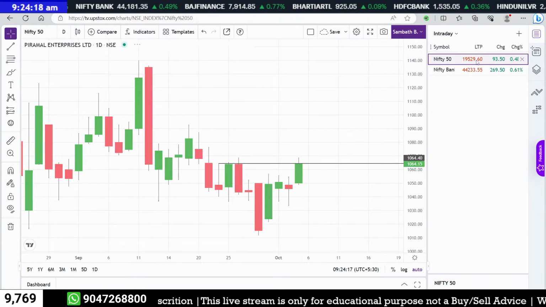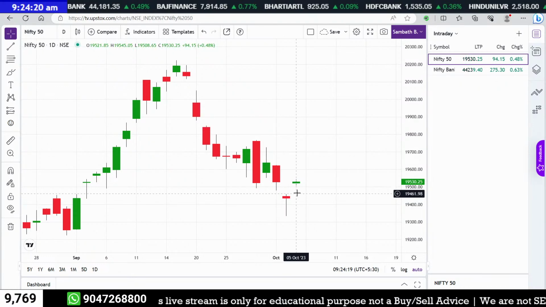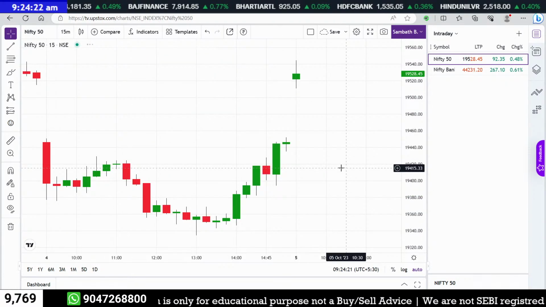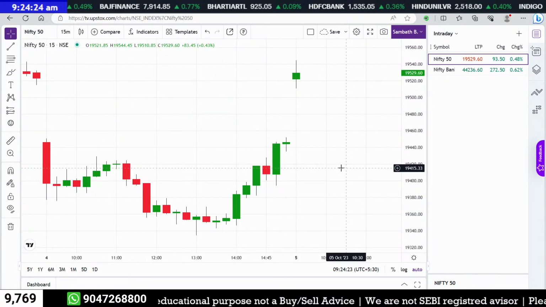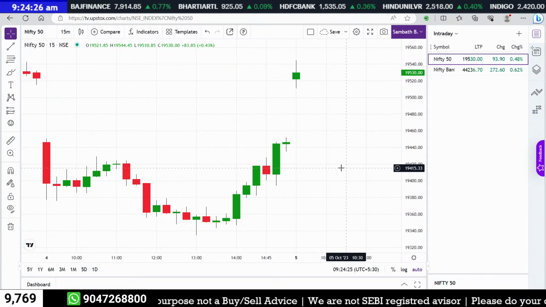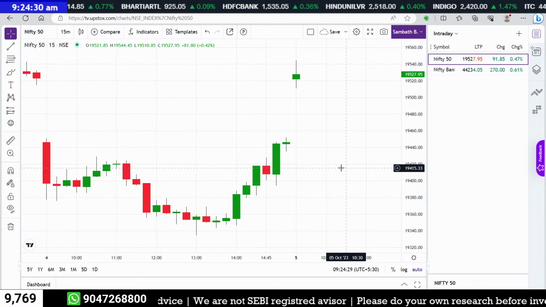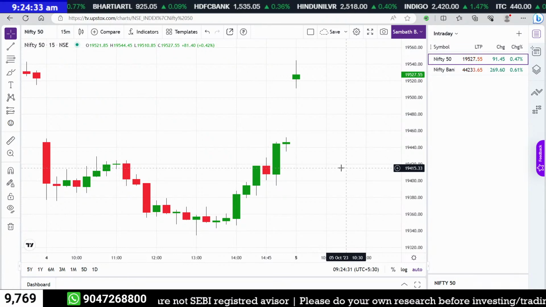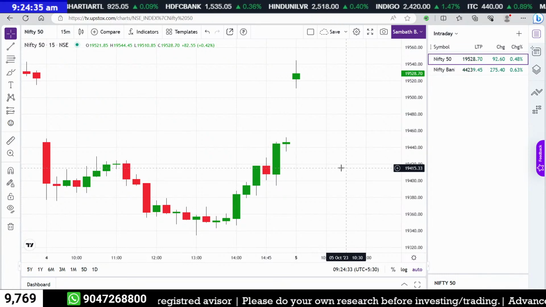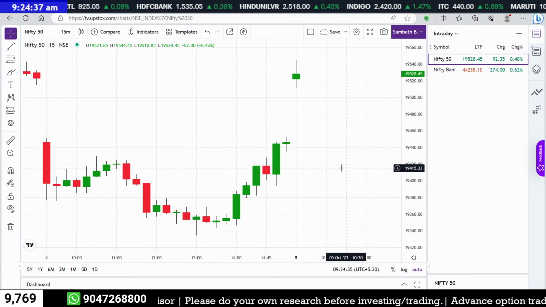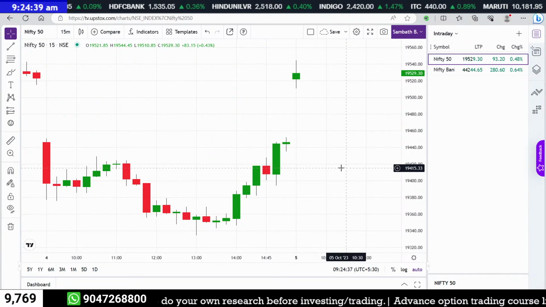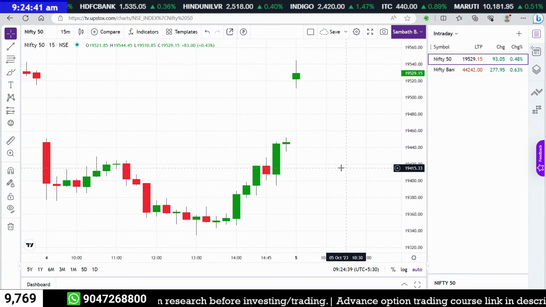Nifty opened 94 points gap up, and let me check on a 15 minutes time frame. In the first 15 minutes, it looks like a spinning top, but it will be confirmed only after 9:30. If it is a spinning top, we may focus on that high and low for a breakout or a breakdown, when a reversal candle happens in the first 15 minutes.